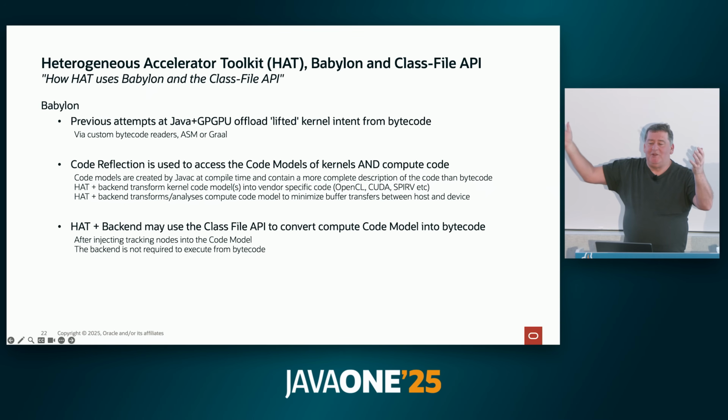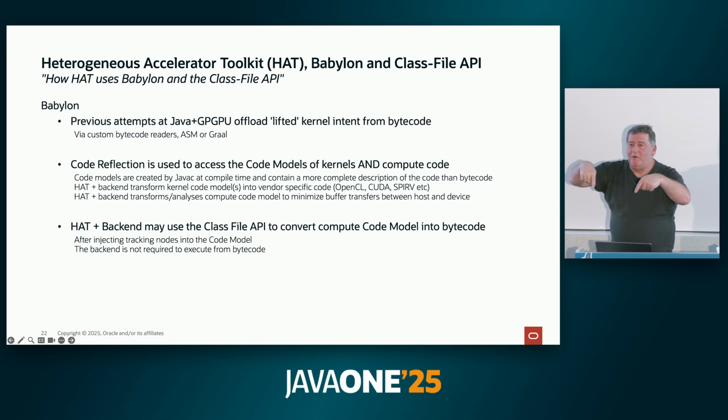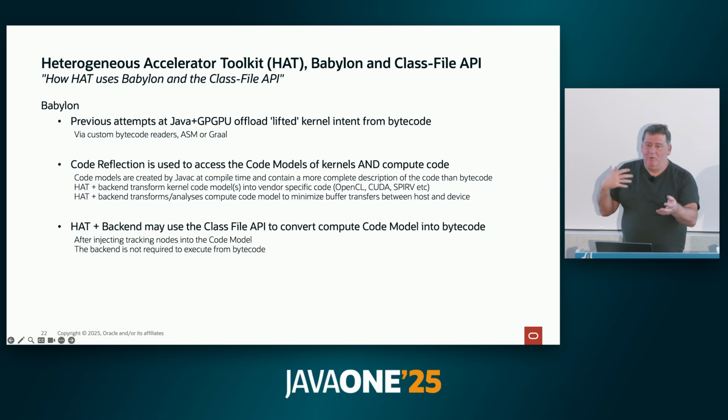Let me generate bytecode from this, and I'm going to run that version of the code. That's one of the things that makes code reflection really interesting, because you can take the code model, do something with it, inject code, remove code, move it around, then you can create bytecode out of it and just execute it like it's any other class. The VM can run it.